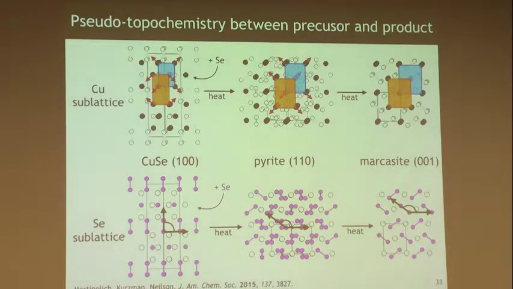So we have these dimers and then lone selenium atoms. If you imagine some selenium interdiffusing into these layers, you additionally form these dimers, which all kind of tilt. And then to get into this marcasite phase, you have to undergo this cooperative reorganization and tilting of all these little dimers. So there's this pseudo-topochemistry that's happening.